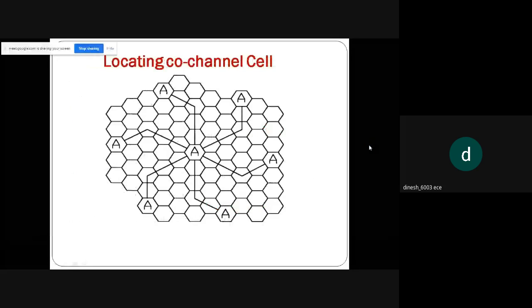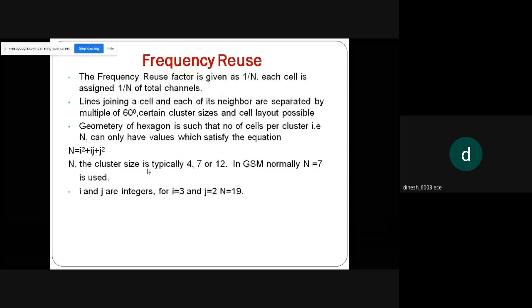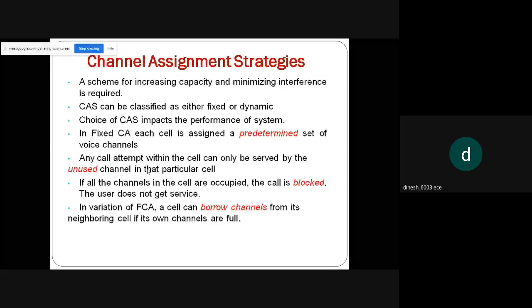As in this diagram, you have 3 clusters. Each cluster has 7 cells, and a mobile is moving from one cell, for example F, to A during a call. F will have a base station, and A will have a base station.